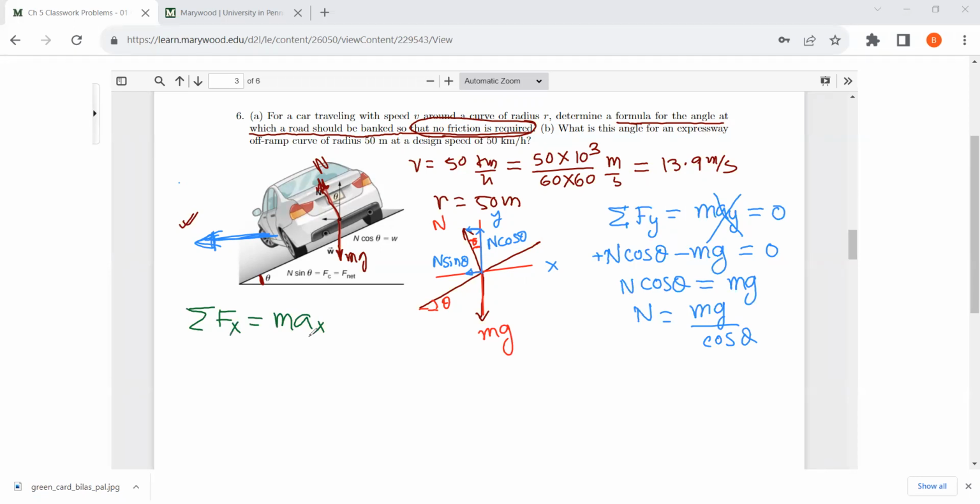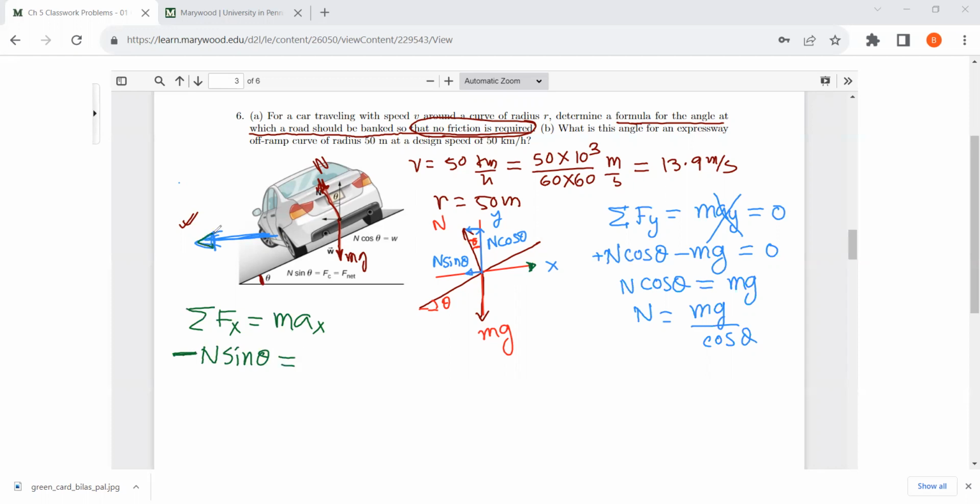So for Fx, we have minus N sine theta. Minus, because the positive x is in this direction, but N sine theta is opposite of positive x, in the negative x direction. So that's why we have to use a negative sign.